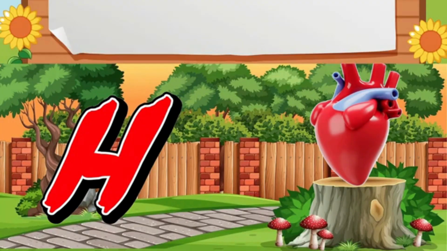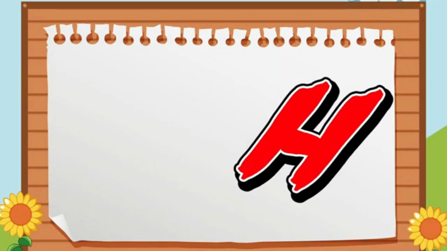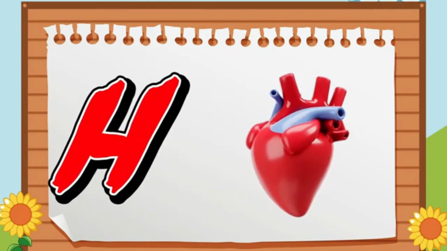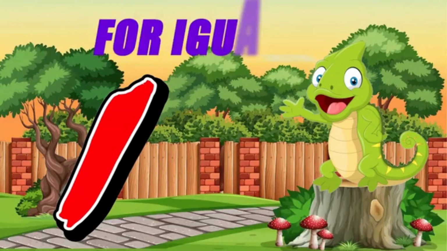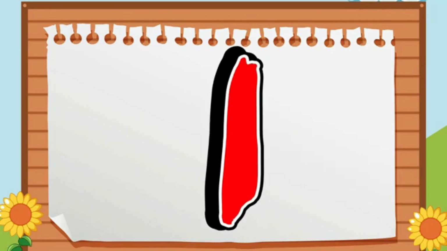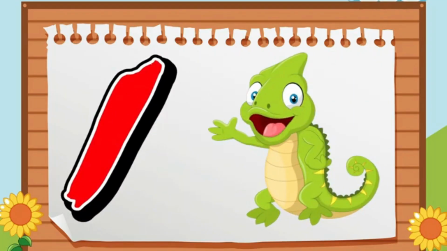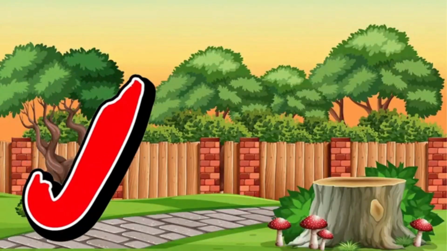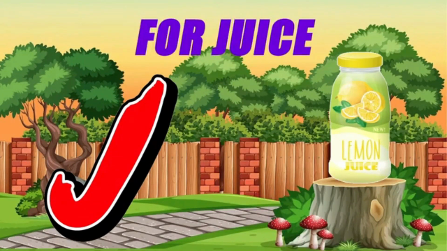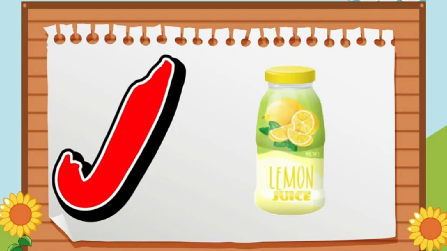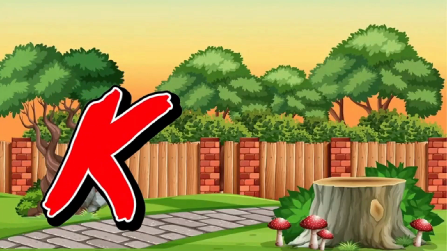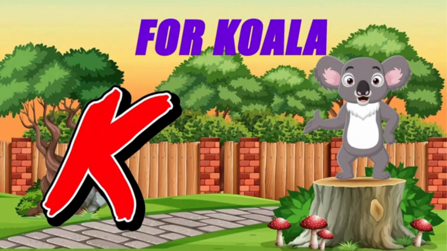H for heart. Heart. I for iguana. Iguana. J for juice. Juice. K for koala.